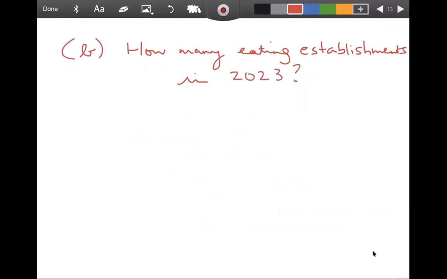Okay. So the first thing we have to figure out is how many years past 2006 is 2023. Well, that's a subtraction problem, right? 2023 minus 2006 is 17. So that's going to be x.